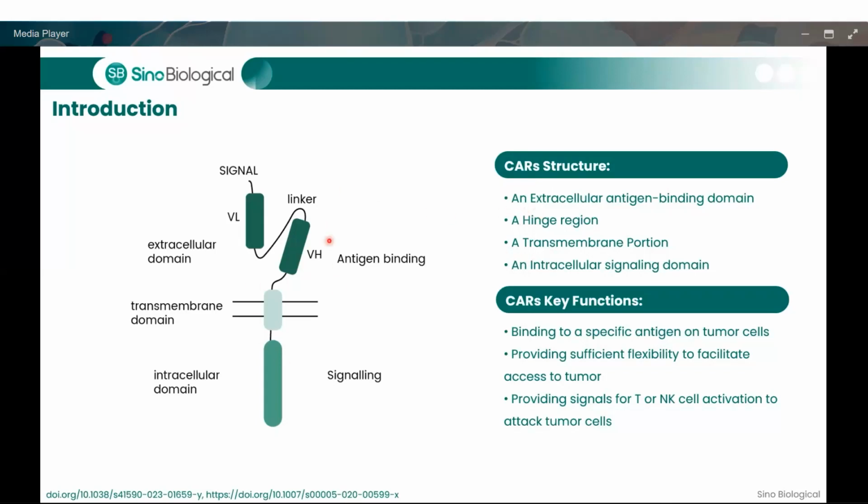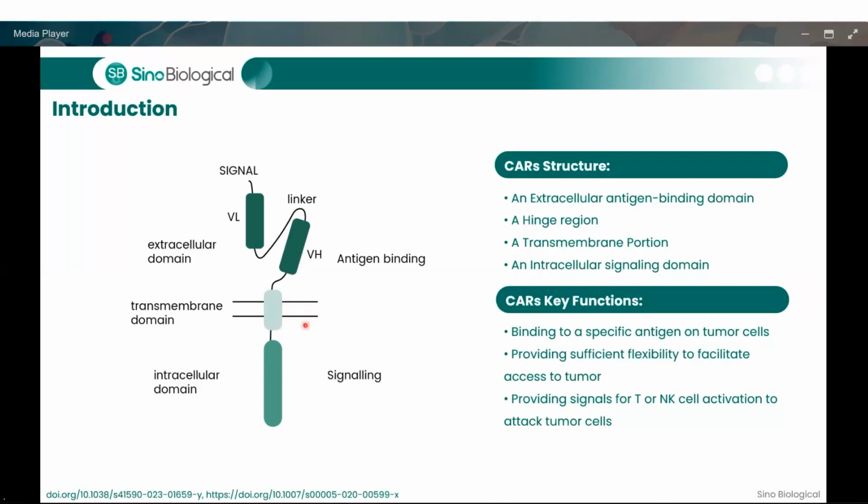According to this figure, we can see that the extracellular domain is usually derived from an antibody that binds specifically to a particular antigen expressed on the surface of cancer cells. And the hinge region contacts the extracellular antigen together with the transmembrane domain and provides flexibility to the CAR molecule, allowing it to move freely in the membrane.